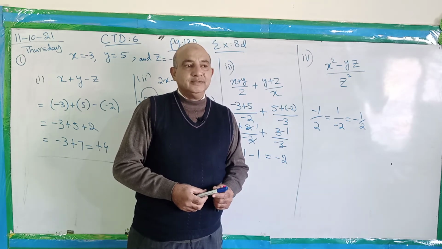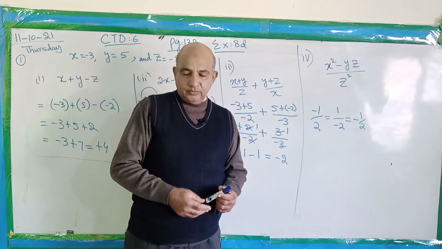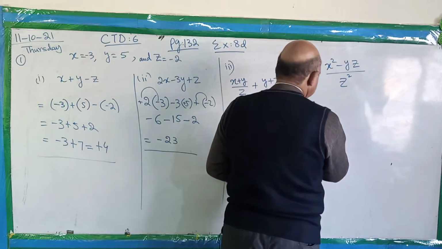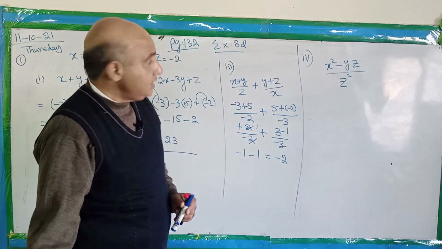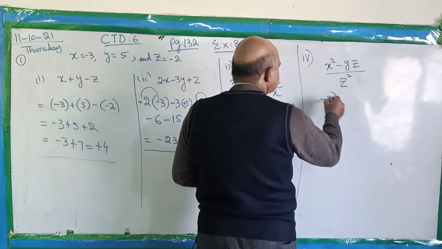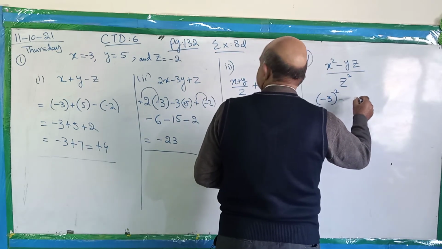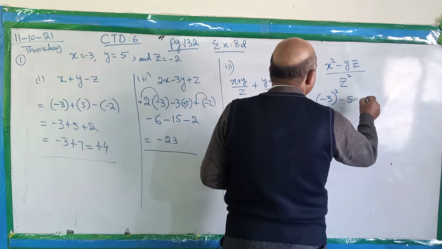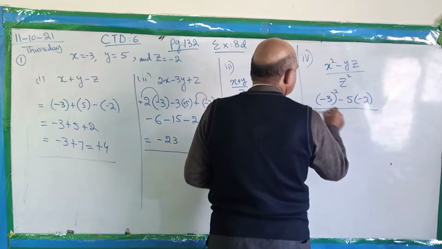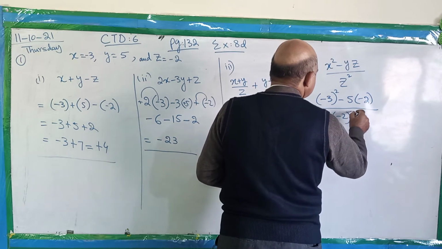Yes. Alishba, Zara. Good. Now I'm going to solve part 4. In part 4, this is minus 3 square minus 5 into z, the value of z is 2, over minus 2 power 2.